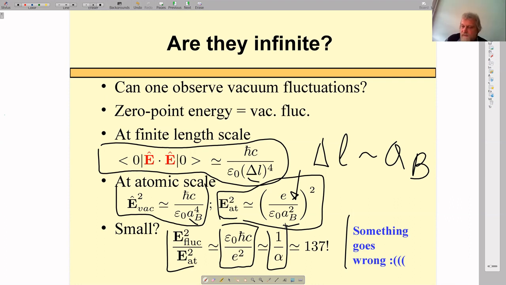Good, so something goes wrong in this calculation. And in the end of this lecture, I could do it within a minute, let me explain what went wrong.